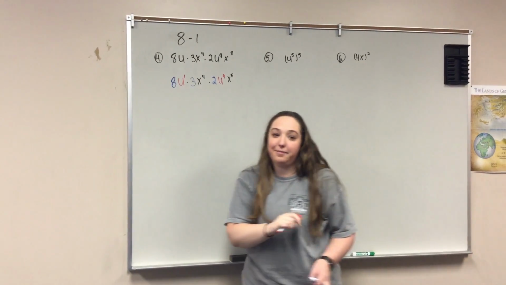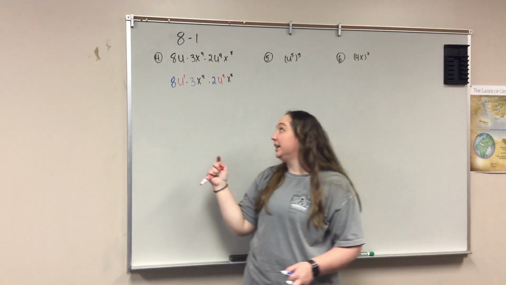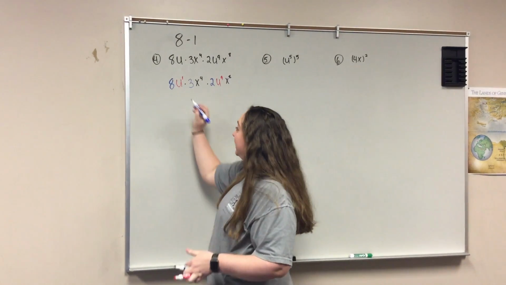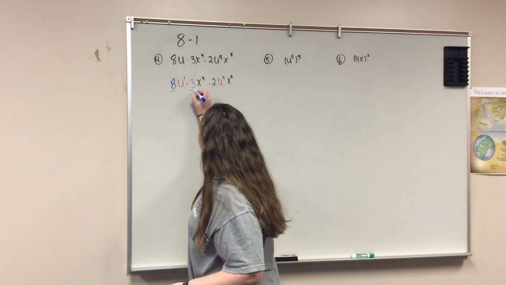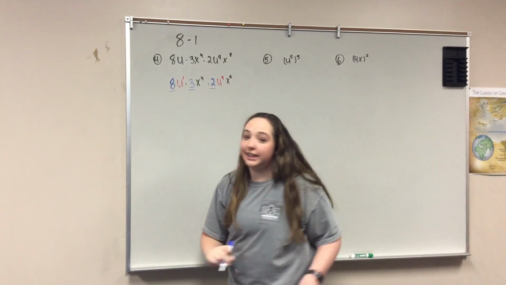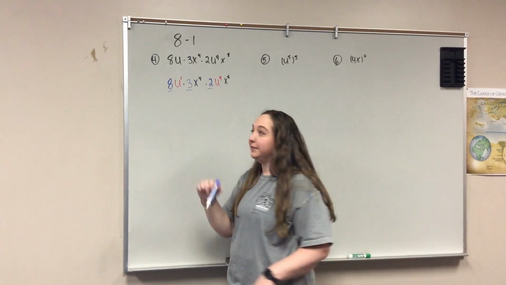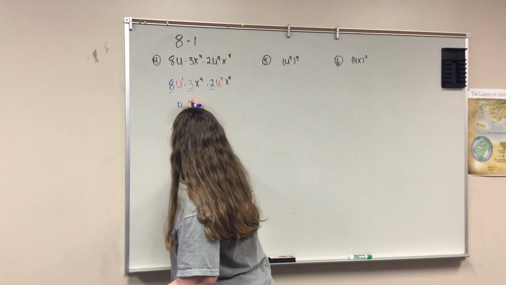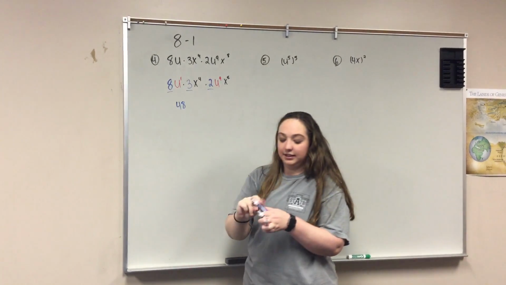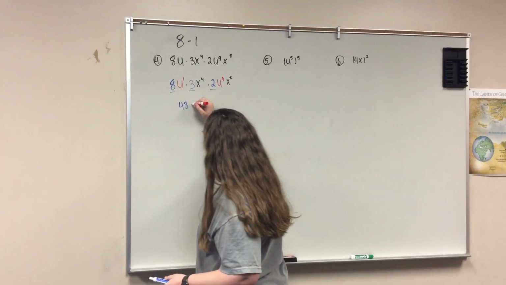Don't forget that. That might mess you up when it comes down to it. So the first thing I need to do is, since we're multiplying, multiply 8 times 3 times 2. So 8 times 3 is 24. 24 times 2 is 48. So I get 48.